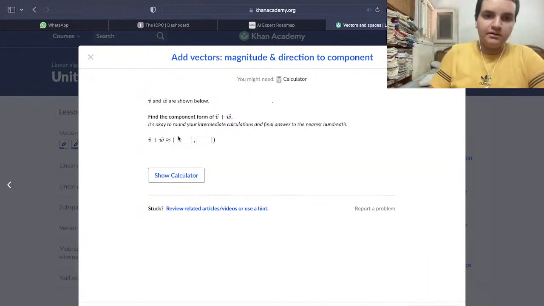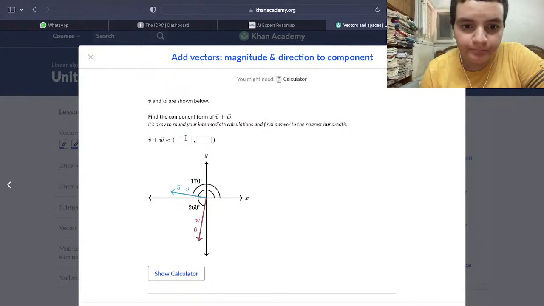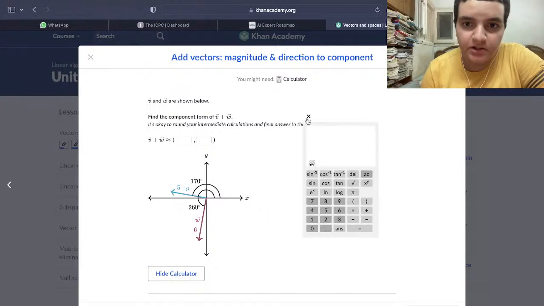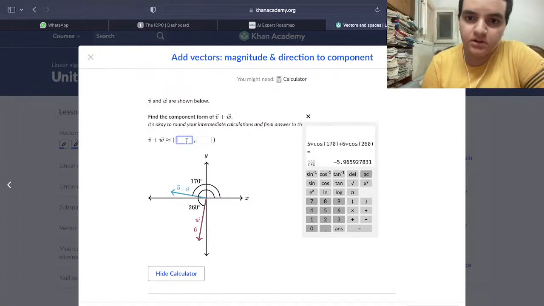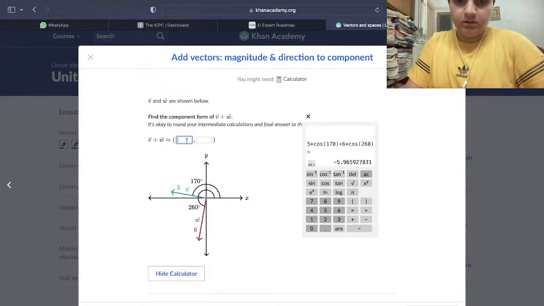Okay. Find the component form of v plus w. Let's show the calculator. So we need 5 by cosine 170 plus 6 by cosine 260. Negative 5.96.